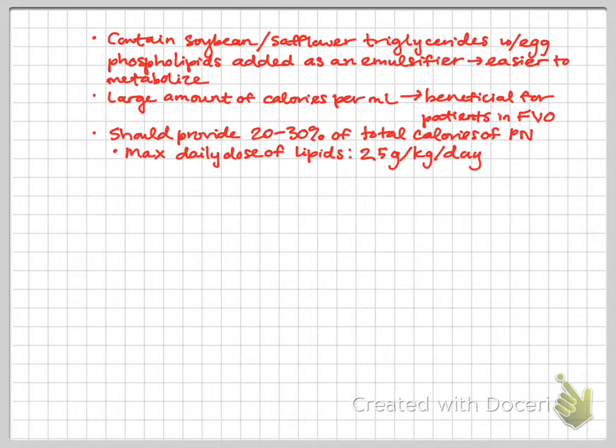Let's see what I can do here. 2.5 grams per kilogram per day. And that's for those patients that are critically ill, who would receive that maximum because they require enhanced tissue healing. Many patients may not tolerate that.